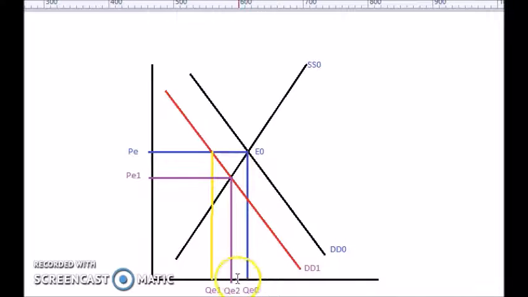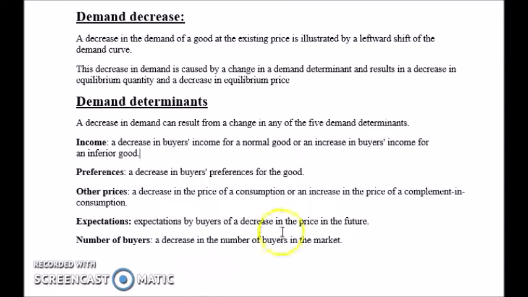Overall, we have had a decrease in quantity from Q0 to Q2, a decrease in equilibrium from E0 to E1, a decrease in price from PE to PE1, and a decrease in demand from D0 to D1.